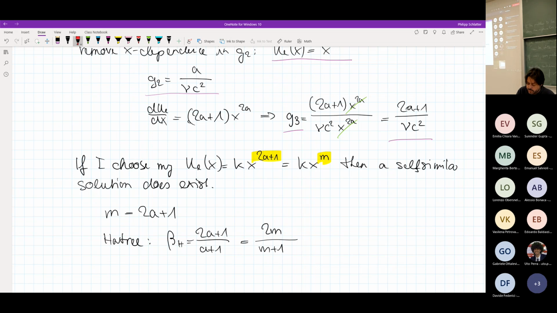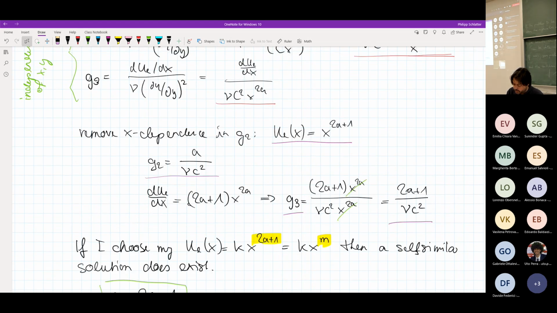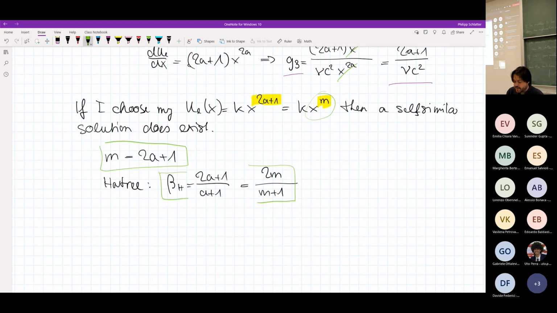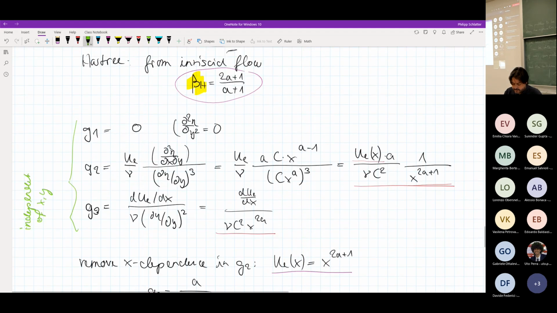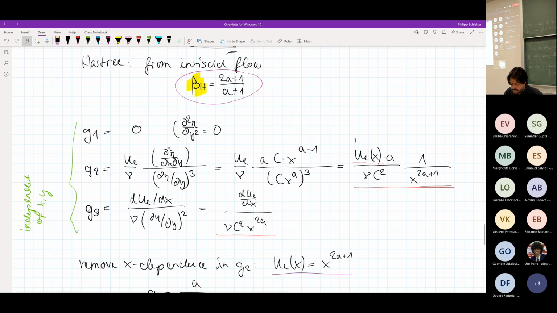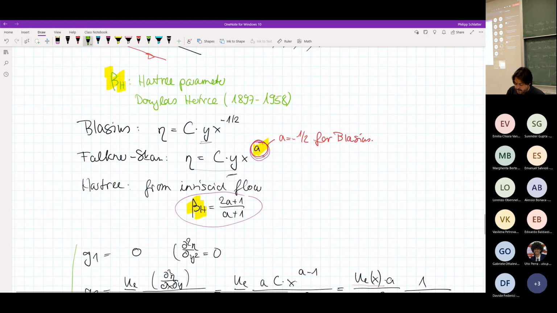And I guess with these two equations, you can now relate beta to m to a. Of course, the relevance with the a comes in because that is the exponent of the velocity. No, the m here is the exponent of the velocity field, of the free stream velocity field, and a is the exponent that goes into the eta.